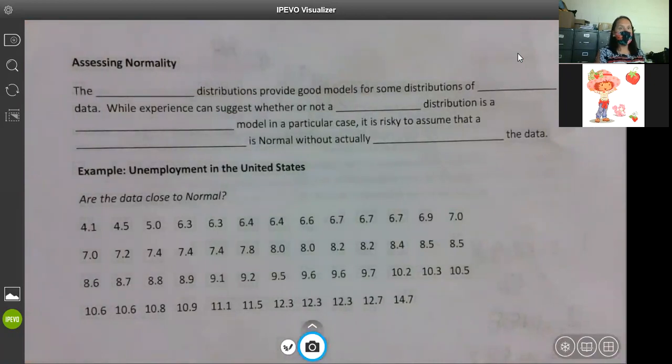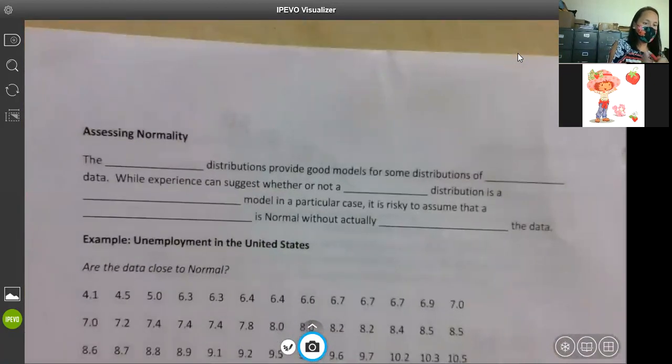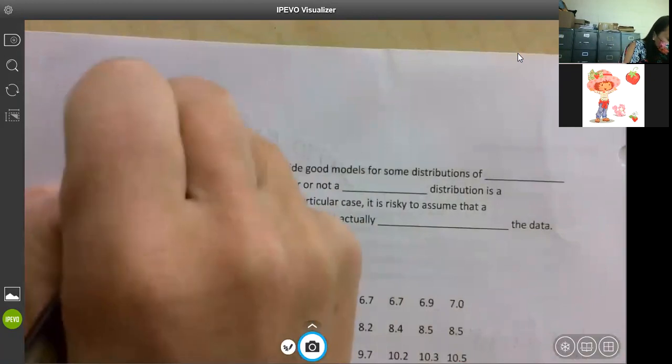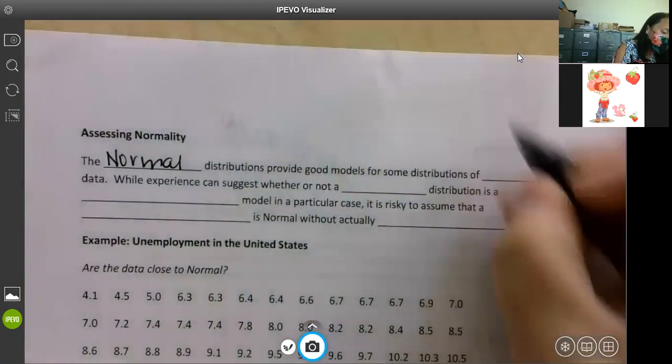Assessing normality. The normal distributions provide good models for some distributions of real data.